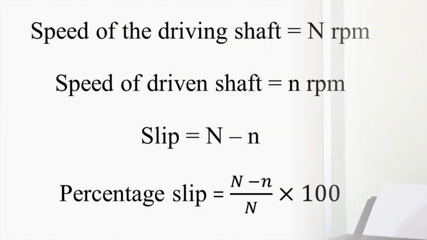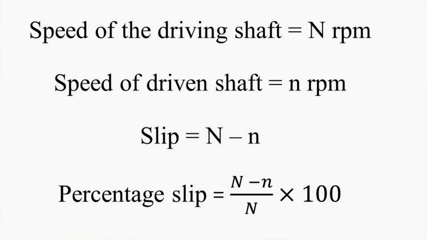In our case, the speed of the driving shaft is capital N RPM and the speed of the driven shaft is small n RPM. Therefore, slip is represented as capital N minus small n. Because we consider the percentage slip with respect to the speed of the driving shaft, the percentage slip is given by (N minus n) divided by N multiplied by 100.